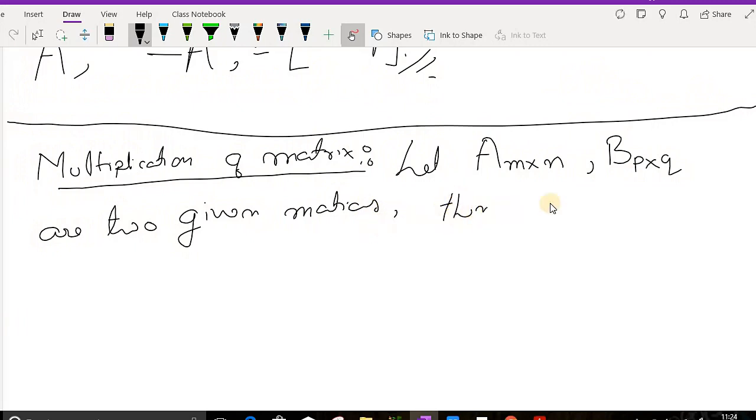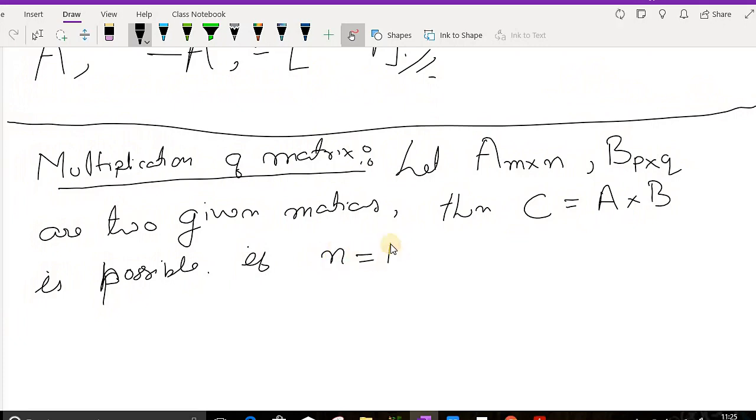Then C equal to A into B is possible if n is equal to p.